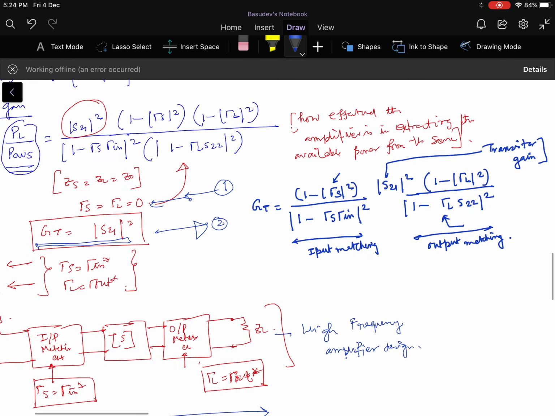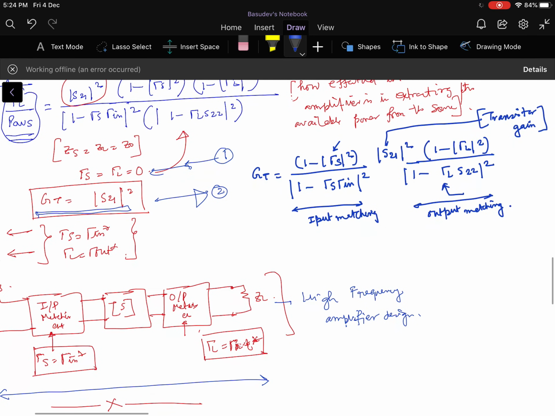These three together form GT, known as the transducer gain. I can term them GS, G0, and GL.